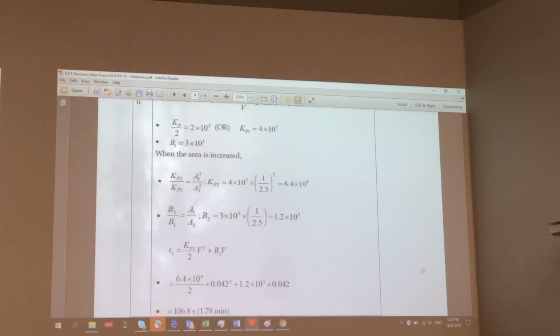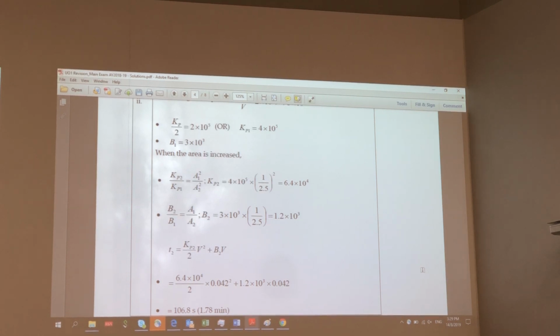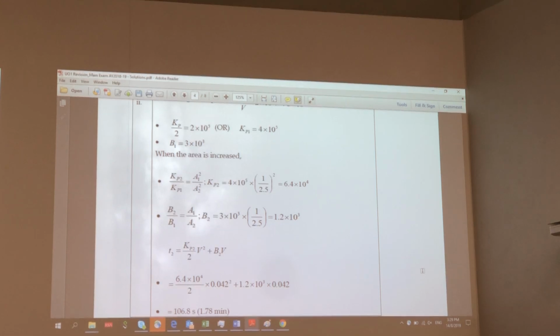Any questions? You see, this question and just now, the fluidization question are all standard one. You follow this way, actually you should get the full marks for this type of question. Right? It's not difficult.